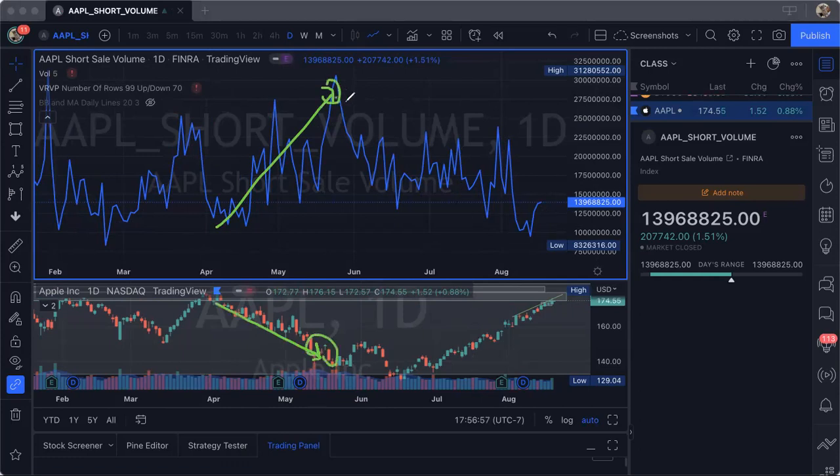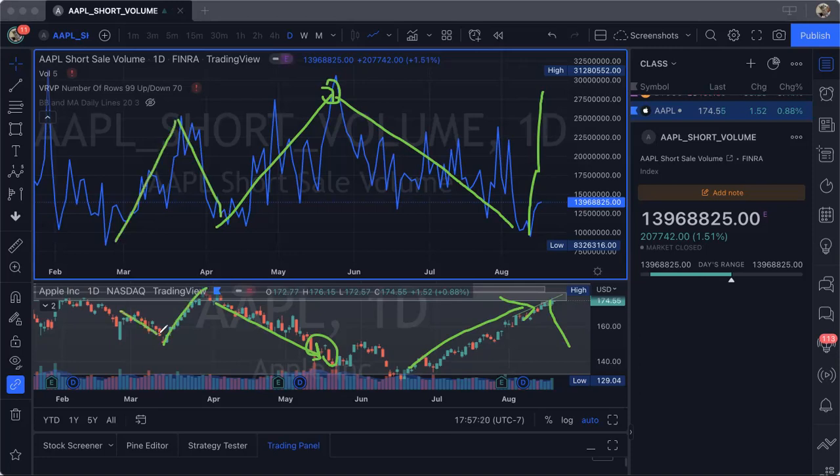And so as that short volume went down, you started to have a rally back up. Now, if this starts to go back up, then this will start to come back down, right? So again, inverse relationship. I know that it's a little hard to see, but it still has those characteristics of that inverse relationship. Okay.